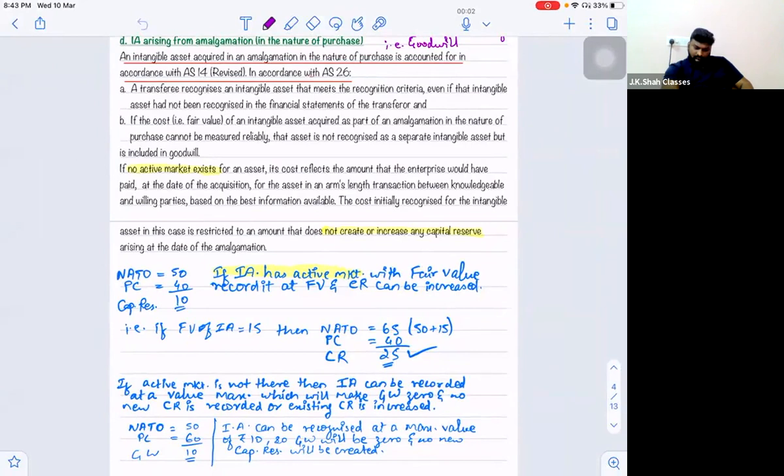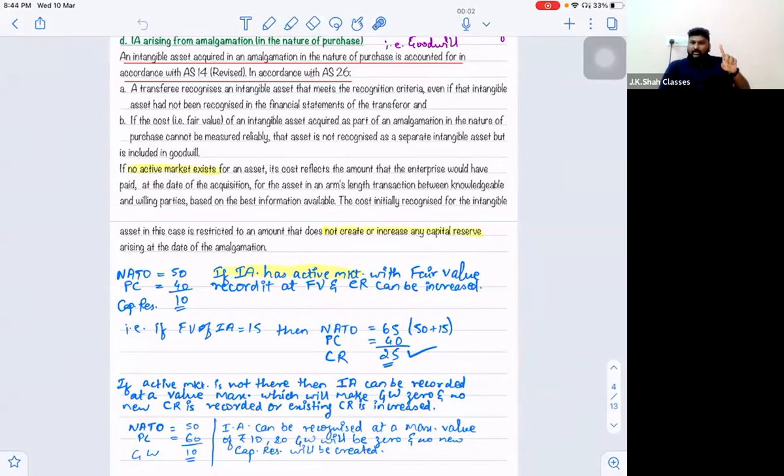What does that mean, sir? Point number A you are talking about? Yes, sir. The transferee is nothing but the buying company. The buying company can recognize an intangible asset that meets recognition criteria. So if you are the buying company and the intangible asset meets the recognition criteria for you, then you will show it in your balance sheet even if the selling company did not meet the recognition criteria.